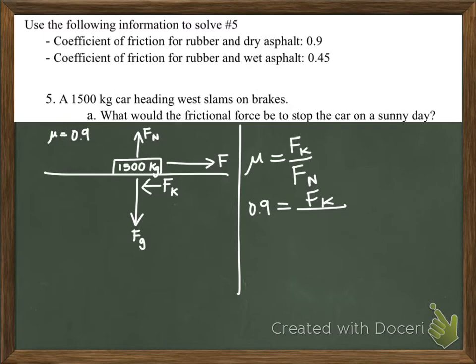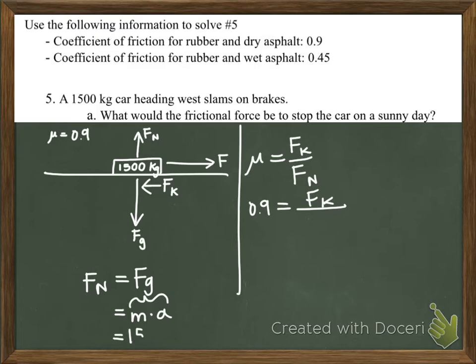We know that, let me write it down below, the normal force is equal to the force of gravity, which is our weight. This force of gravity is m times a, right? So we know what the mass is. The mass of the car is 1500 kilograms.